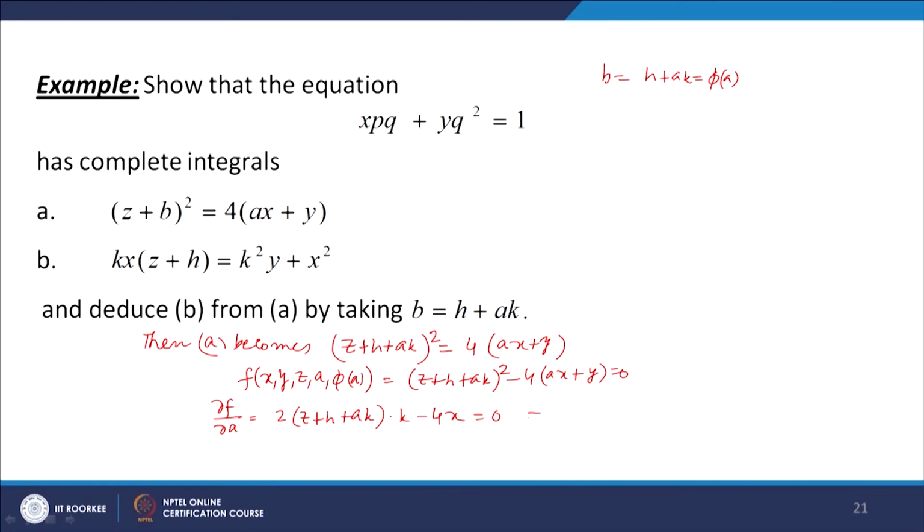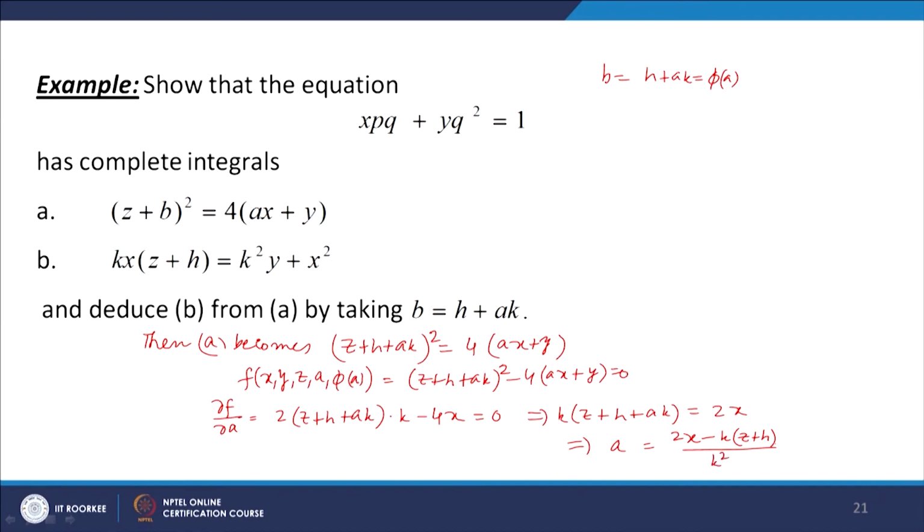So this gives you z plus h plus ak into k equal to 2x. So what we get, this implies a is equal to 2x minus k times z plus h divided by k square.